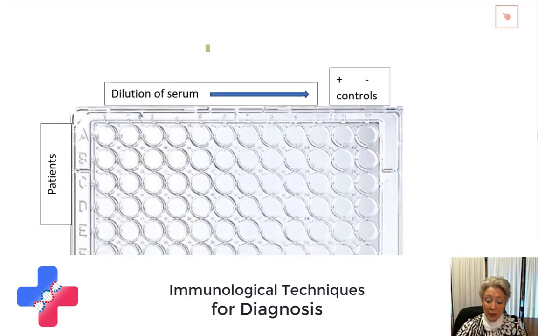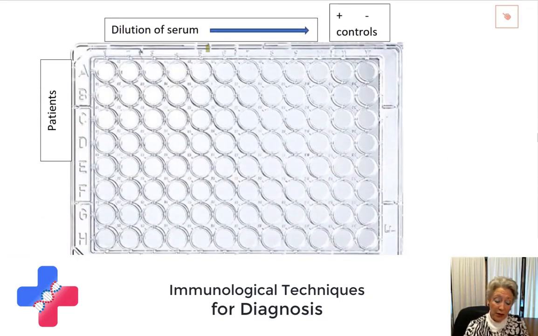So thinking about my microtiter plate here, notice that once I have got antigen in all of the wells, the P24, I then will add serum from the patient, and my patients are going to be A through H here.